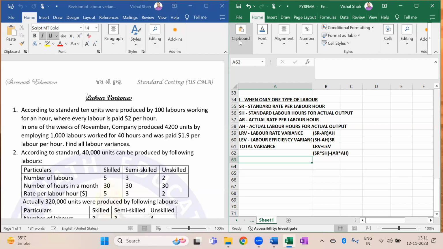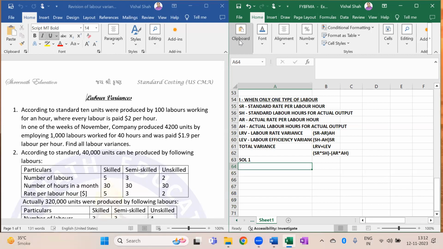Okay. Let's do the sum number one. According to standard, 10 units were produced by 100 laborers working for an hour. Every labor is paid ₹2 per hour. One of the weeks of November, company produced 4,200 units by employing 1,000 laborers worked for 40 hours and paid ₹1.9 per labor per hour, you can say.